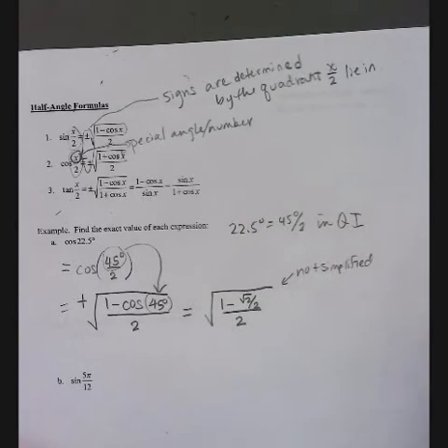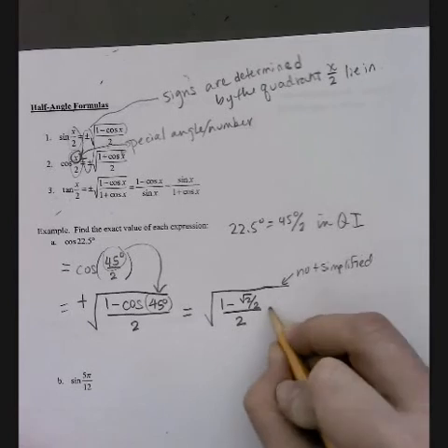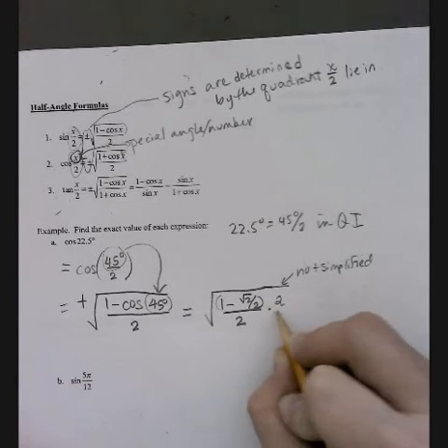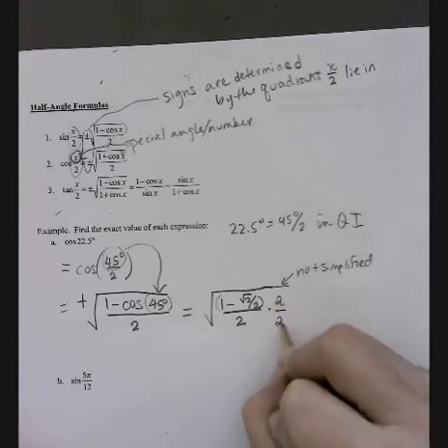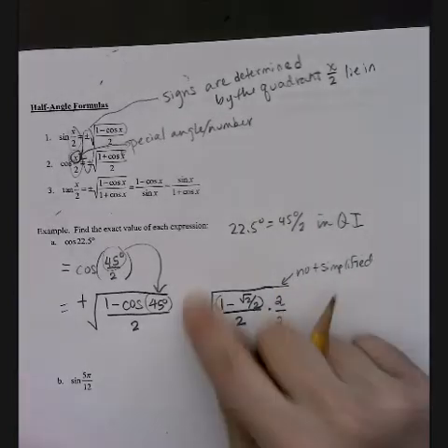So what we do, we can just do this under the radical. We want to clear this fraction in the numerator, so we'll multiply by 2 on the top and then 2 on the bottom. Now really that's the square root of 2 over the square root of 2 because it's all under the radical.